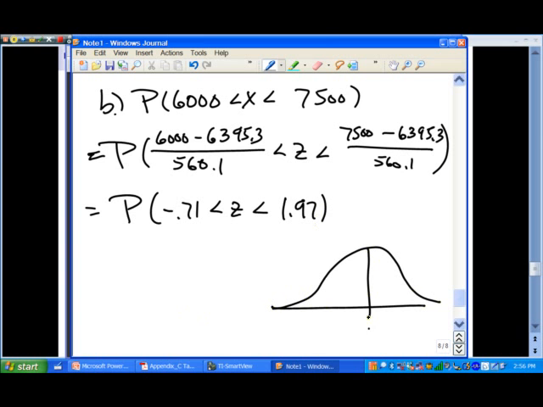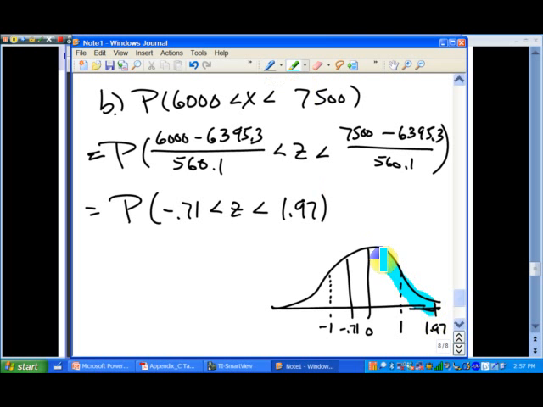So let's think of what that looks like now when we sketch a picture of it. Again, where they switch this concavity is what's called. That's -1 and 1 on our z-scale, so to speak. All right, negative 0.71 we knew was right here. Now, think of it this way. 1.97 is way out here. It's almost a 2.